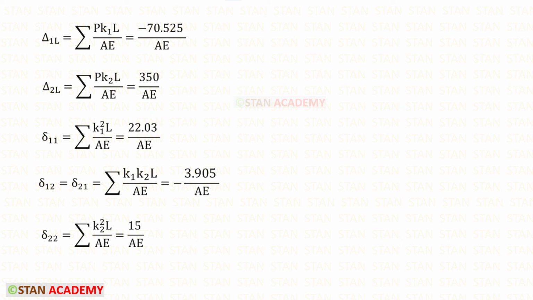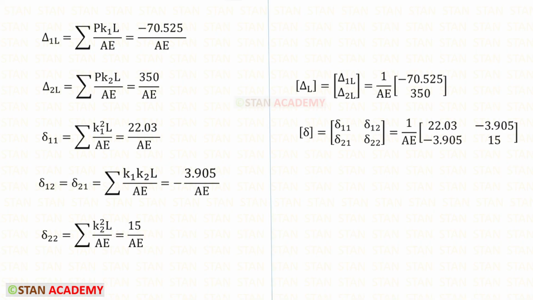In the question, nothing is mentioned about the area or Young's modulus of the members. In this case, we can assume that area and Young's modulus for all of the members is constant. Inside the delta L matrix, we can apply delta 1L and delta 2L. We can keep 1 upon AE outside.